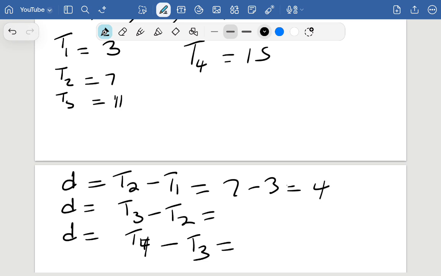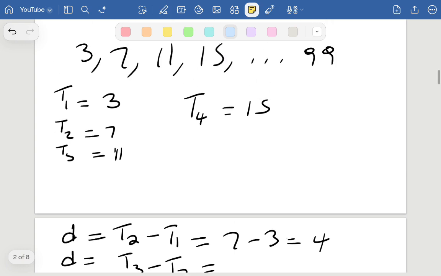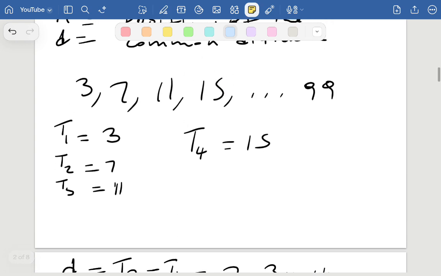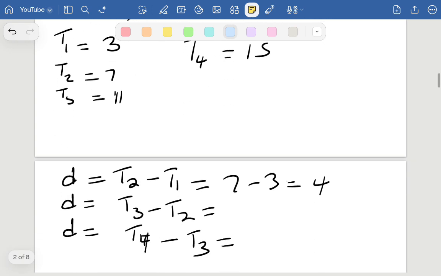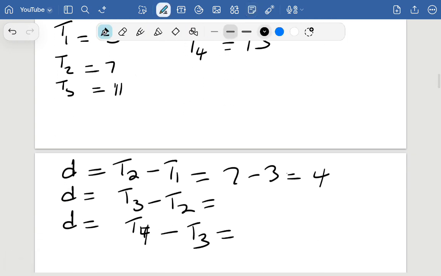Then if you want to find the common difference in case of T3 minus T2, T3 is 11, T2 is 7. So 11 minus 7, and the answer is 4.